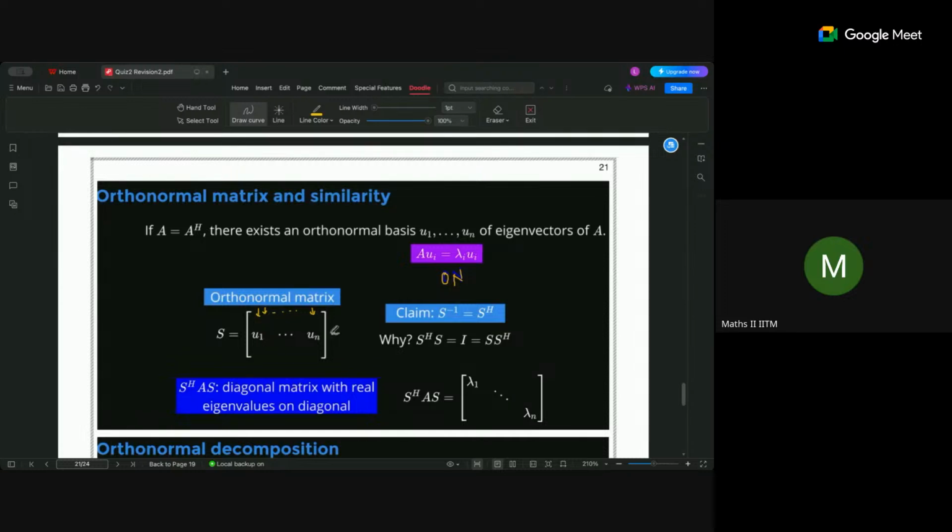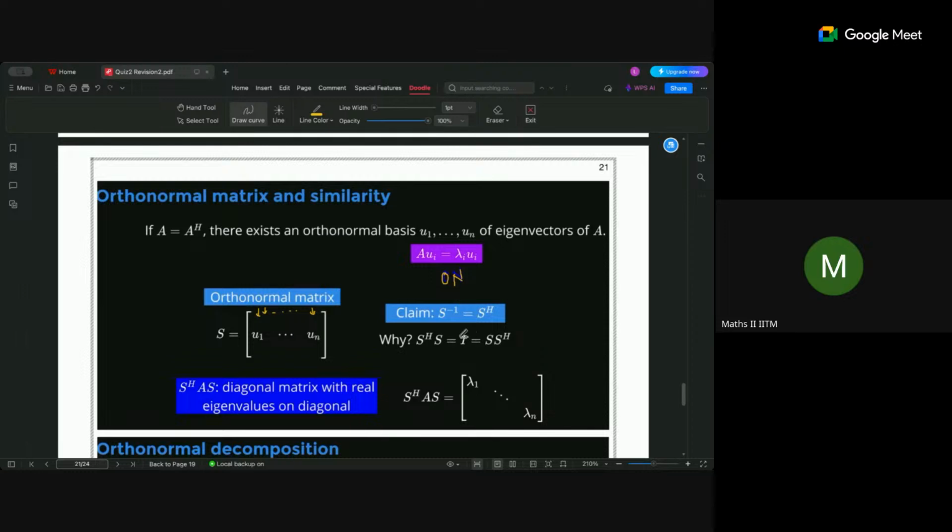When you take the complex conjugate, you see the rows are orthonormal too. When you do the matrix multiplication, you can easily see that all the diagonal entries are 1 and the other entries are 0, because of the orthogonality the non-diagonal entries are 0, and because of the normality the diagonal entries are 1.